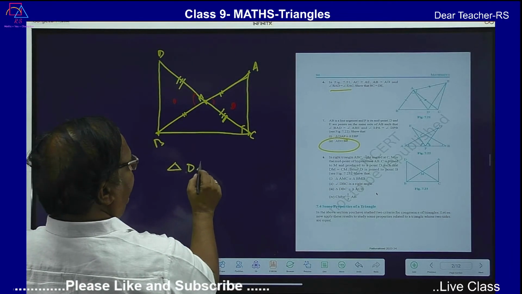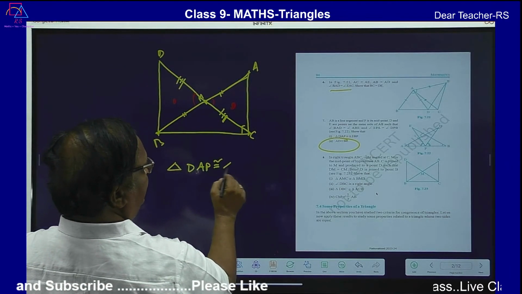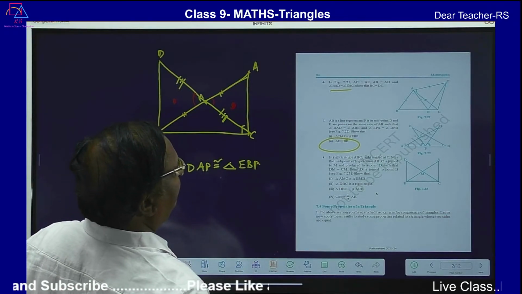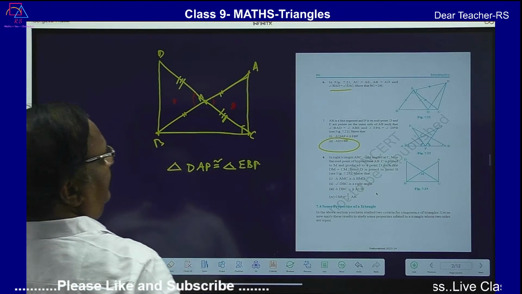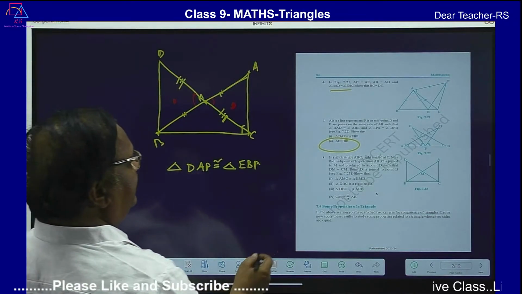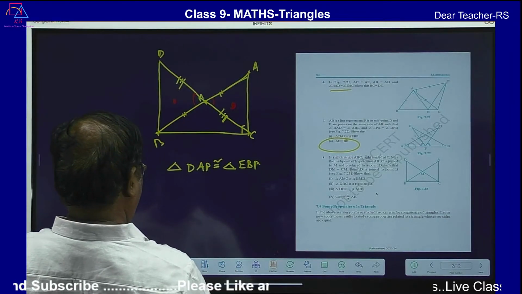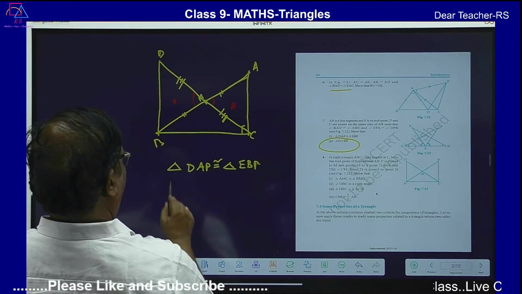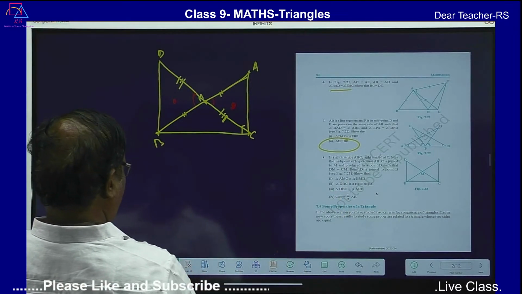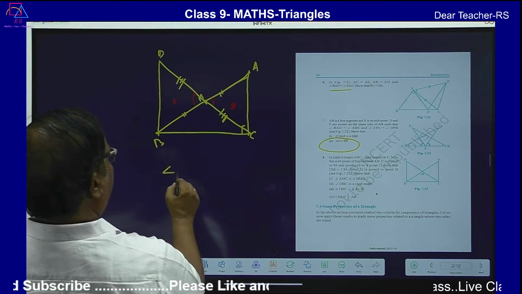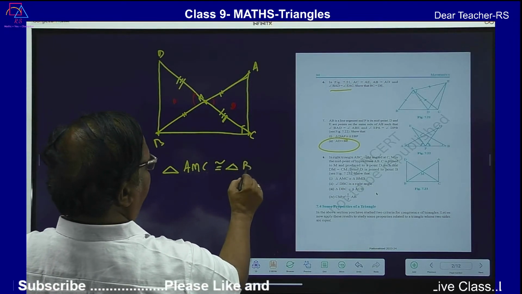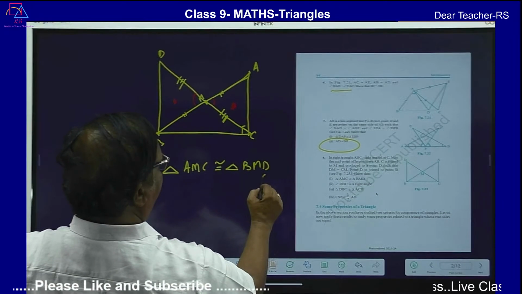Triangle AMC is congruent to triangle BMD by SAS.